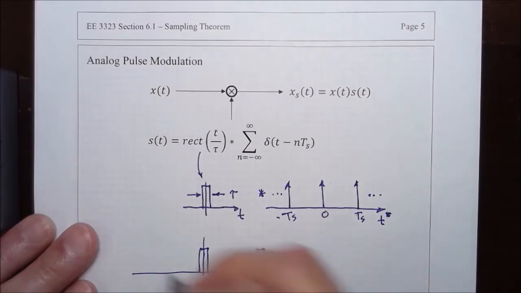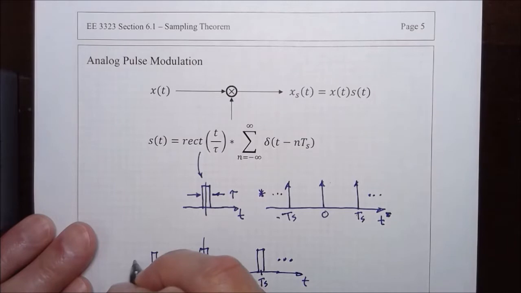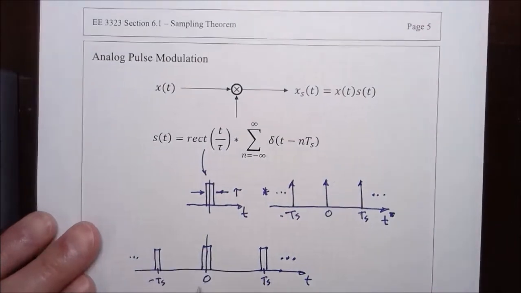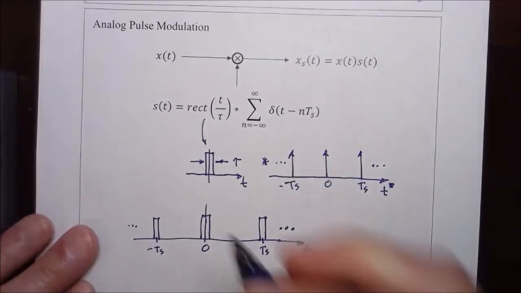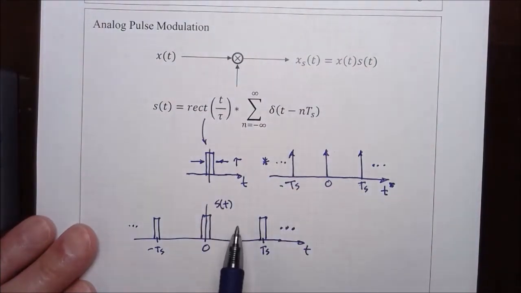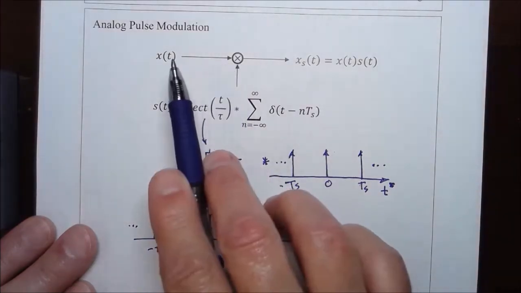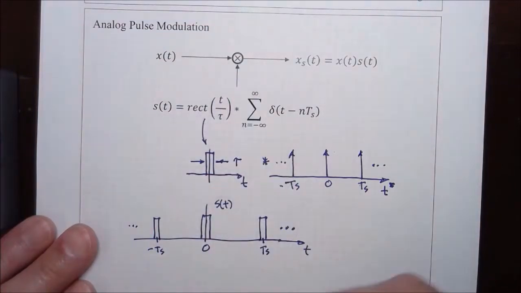One is centered at t equals 0, the next one centered at t sub s and minus t sub s, and again this is periodic in time. Now this is a more practical form of the sampling function. We'll call it s of t again, and now we want to use this rectangular pulse sampling function into a mixer, a multiplier with our continuous signal again.